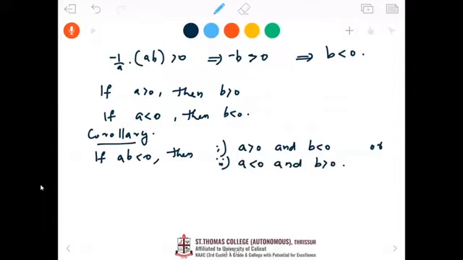If the product of two real numbers is negative, then one of them must be positive and the other must be negative. Okay. How can we prove this corollary? Just like we proved the previous theorem. So this is a homework for you. Try to write down the proof alone.